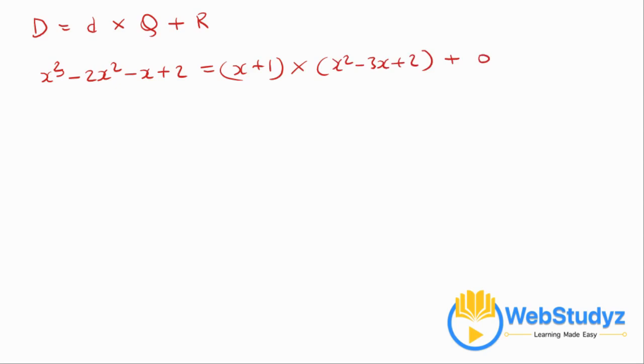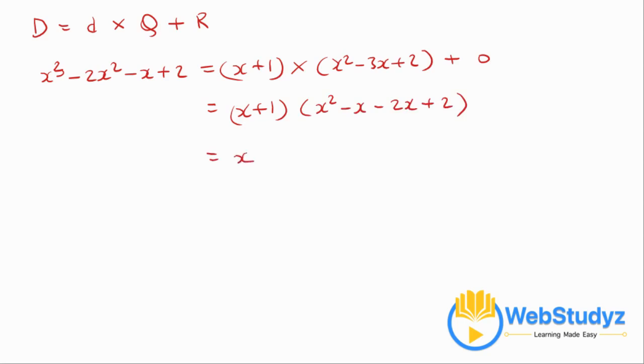That means from here we have to factorize x square minus 3x plus 2. We can factorize this using the middle term splitting method. So this can be written as x square minus x minus 2x plus 2.